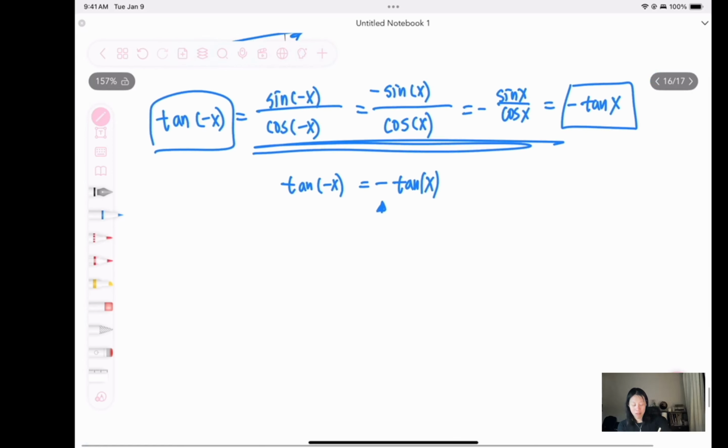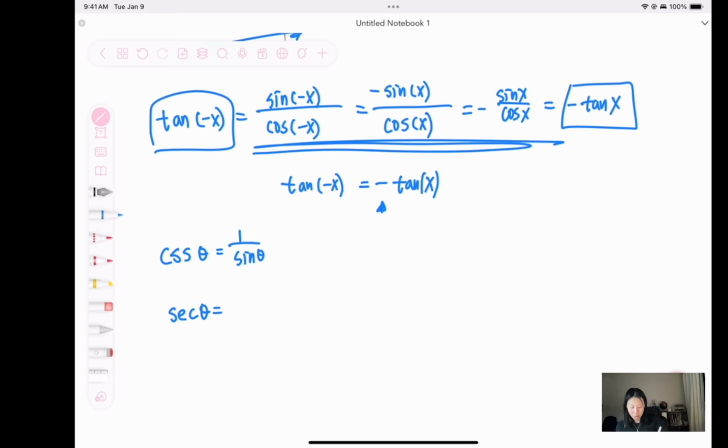And the rest is secant, cosecant. Cosecant is equal to 1 over sine theta, and secant is equal to 1 over cosine.